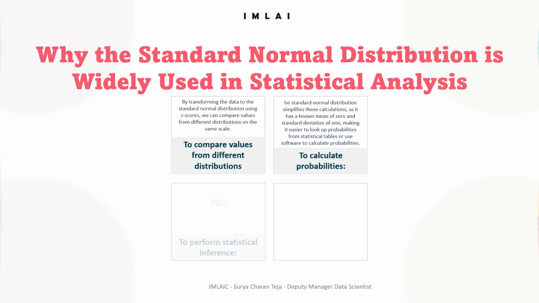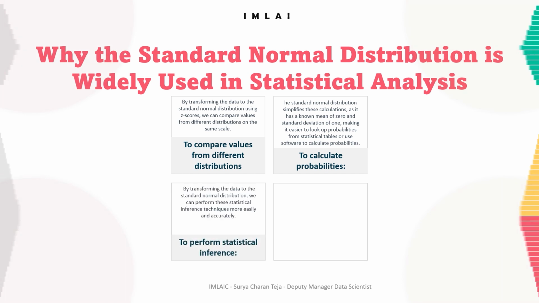And the third advantage of converting a normal distribution into standard normal distribution is that we can perform statistical inferences. Many statistical inference techniques such as confidence intervals and hypothesis tests are based on the assumption that the data follow a normal distribution.